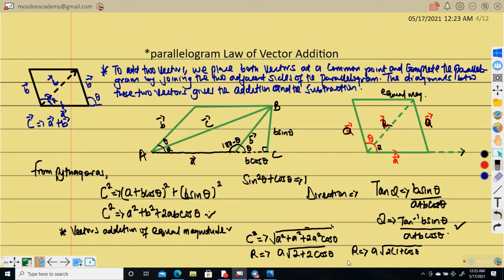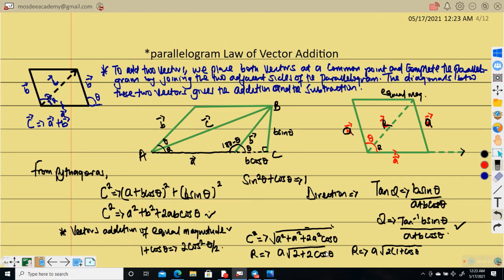But what you need in calculation is just the final result. So directly we can say, since from your trigonometry, you know that 1 plus cos theta, I can show you, is equal to 2 cos squared theta divided by 2. So keep this in mind.